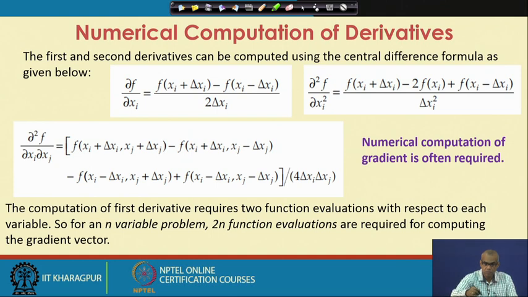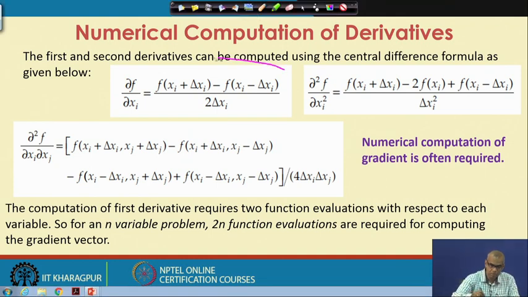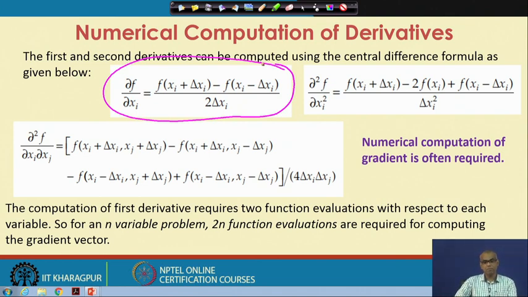Note del f del xi equals f of xi plus delta xi minus f of xi minus delta xi, divided by 2 delta xi.